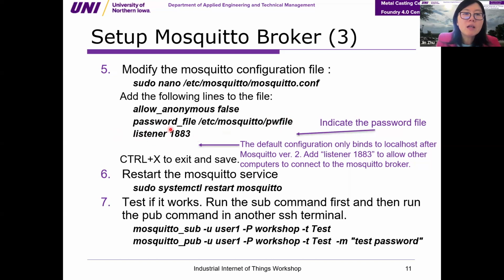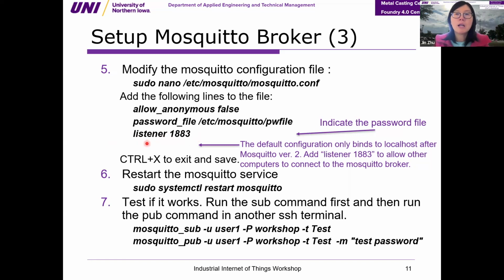And listener 1883, this is just the default open port that the Mosquitto broker is going to listen on, okay? This is without TLS used, and that's the default port we're going to use. Just add this line into the Mosquitto configuration file.